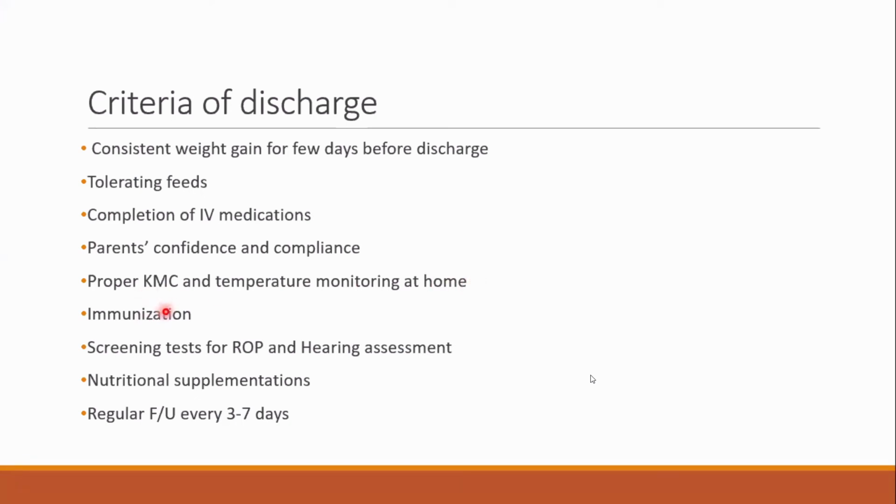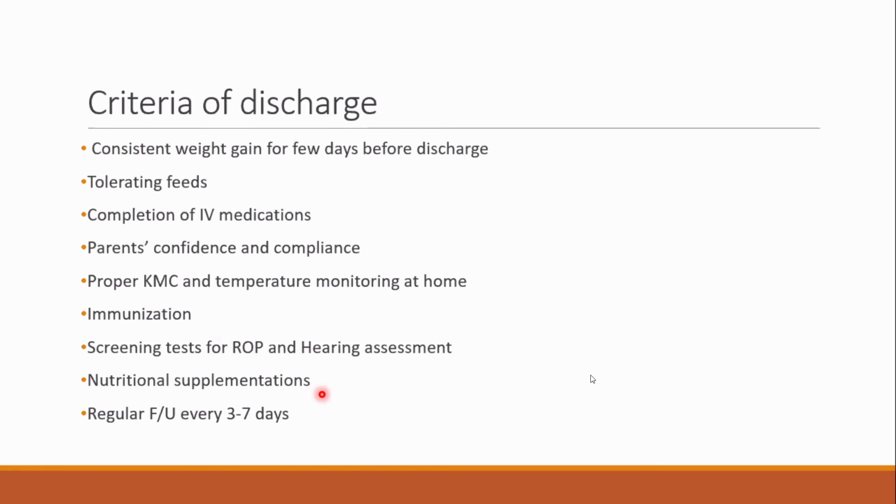The baby should have at least received BCG vaccination before discharge, and should have completed screening tests for ROP and hearing assessment. The baby should be given all the nutritional supplements, continued even after discharge. We should have started vitamin B complex with zinc, and vitamin D, calcium, iron.